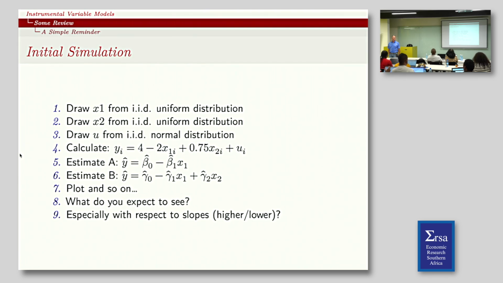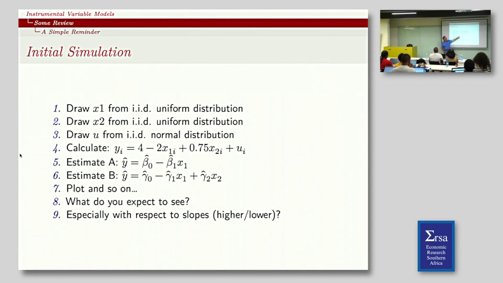Right, but what do we worry about with the error? Our concern isn't that we're throwing it in the error. Our concern is that what is in the error is correlated with what's left over.